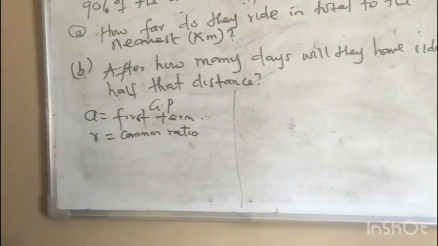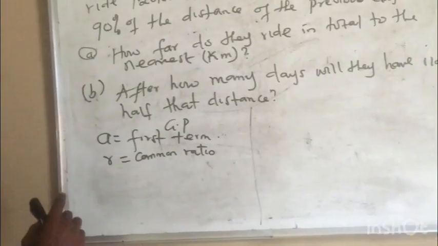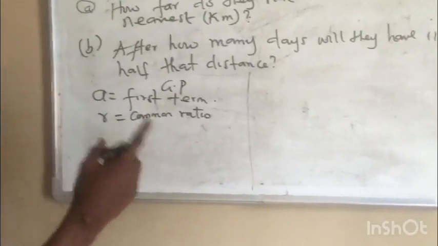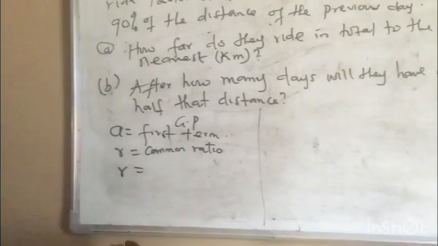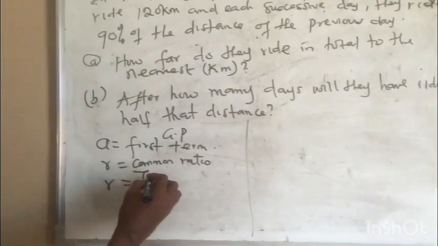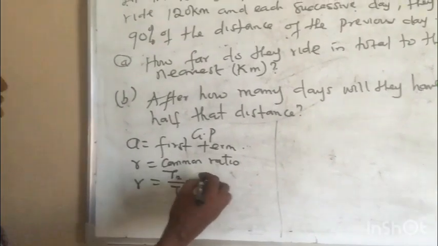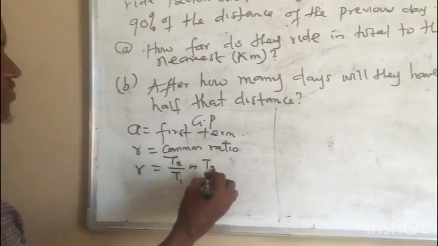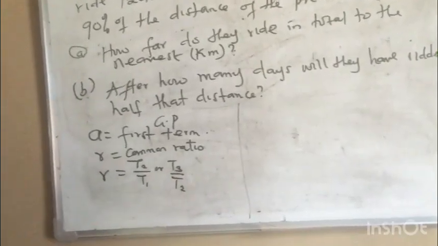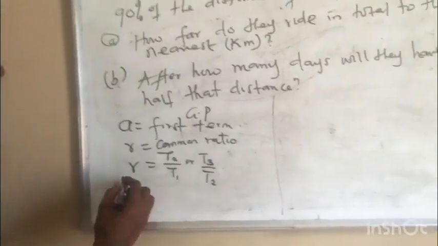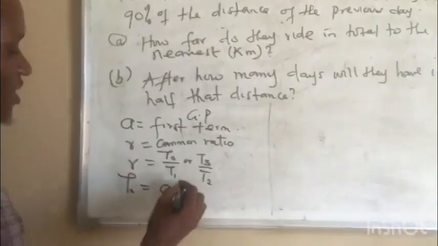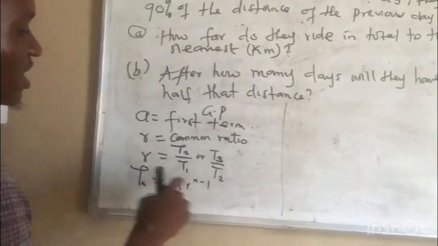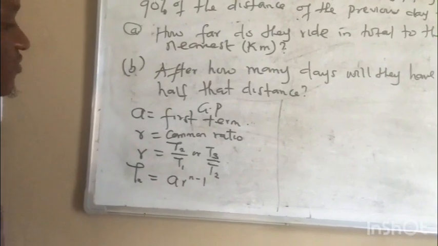In our AP, the common difference means we subtract the first term from the second term. But in the common ratio, you divide: the second term over T1, or T3 over T2. And the nth term of our GP is A R raised to the power n minus 1, where n is the number of terms.